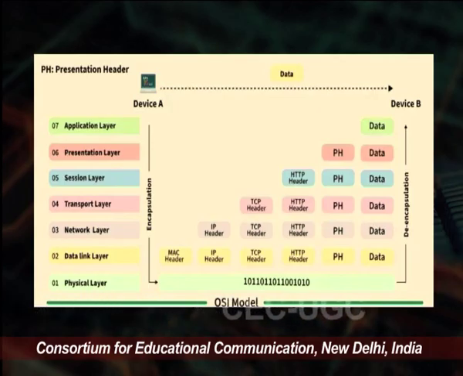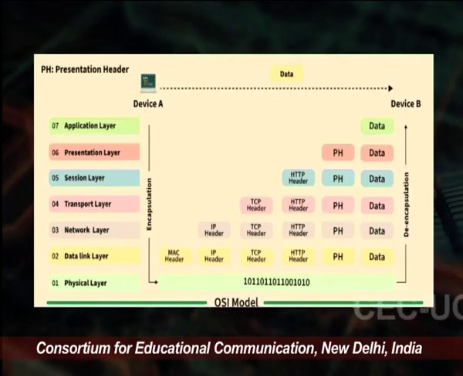So, the physical layer gets all those physical bits given by the physical layer of device A. All that data in the form of bits is taken up by the physical layer of device B. Then this data can be seen at the data link layer, in the form of the MAC header, then the IP header, the TCP header, the HTTP header, the presentation header, and the data.